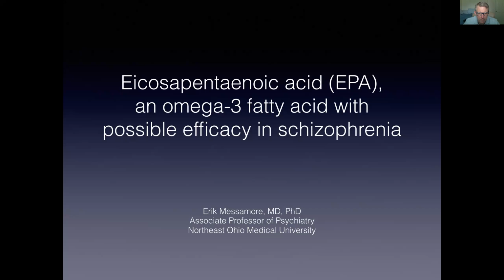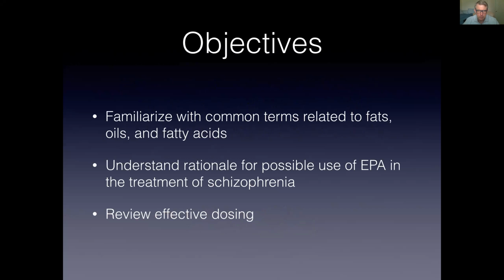All right. Okay, so I'm going to talk about an omega-3 fatty acid that goes by the short name EPA, which stands for eicosapentaenoic acid, and we'll talk about some of the evidence to make a person wonder if it's something that's effective in the treatment of schizophrenia.